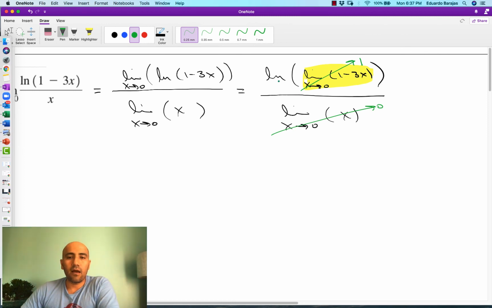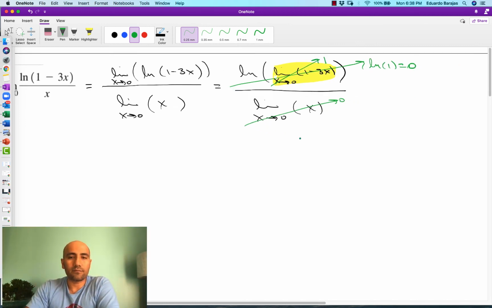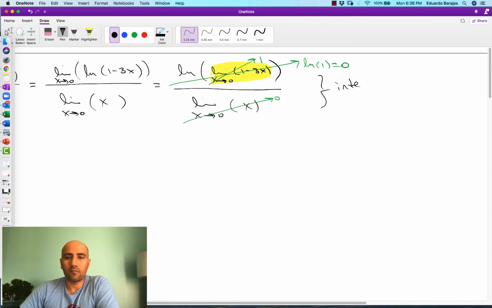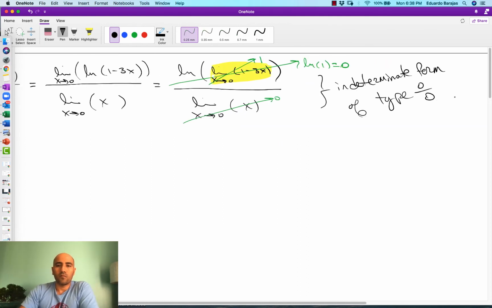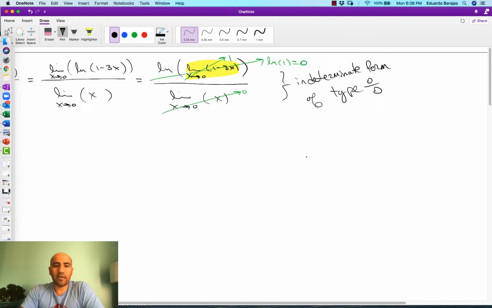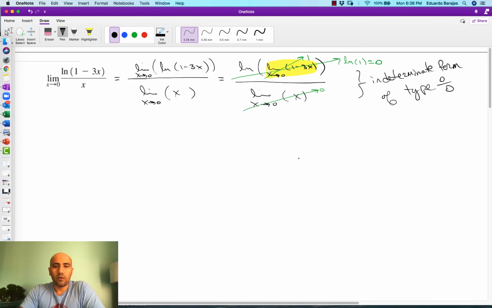And then the ln function is continuous at 1, and so the whole thing is going to go toward ln of 1. And ln of 1 is 0. So this is an indeterminate form of the type 0 over 0, which now means we can use L'Hopital's rule.